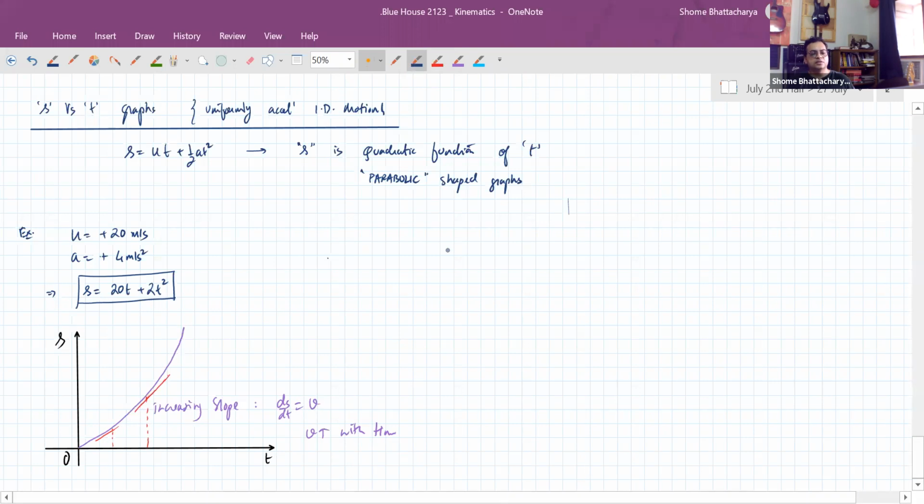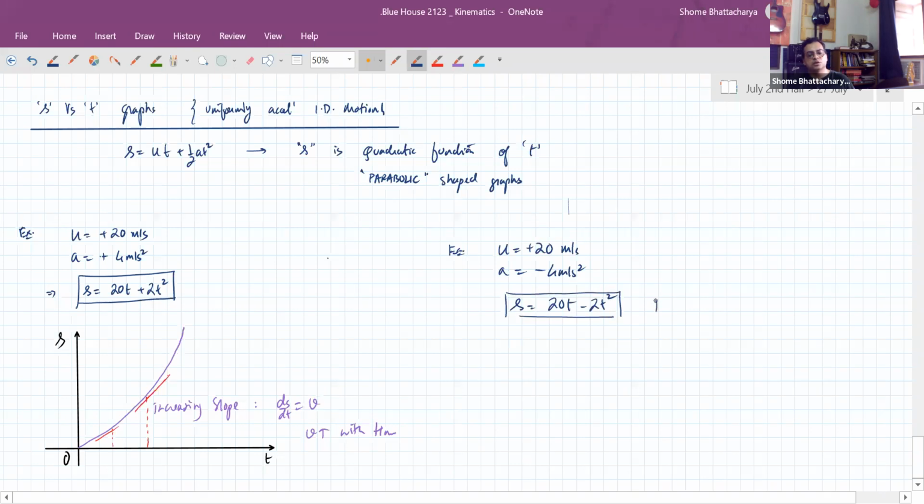Whereas on the other hand, if I have a situation where our A is of opposite sign, so in this case, A is minus 4 meters per second square, then S will be UT plus half AT square, but that will become minus 2T square.